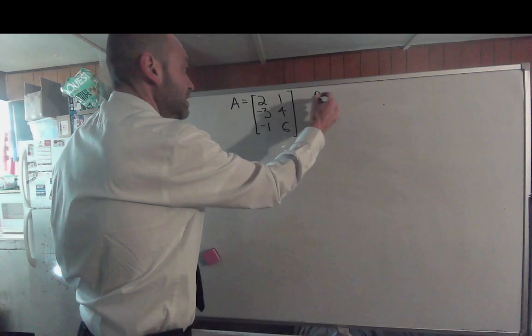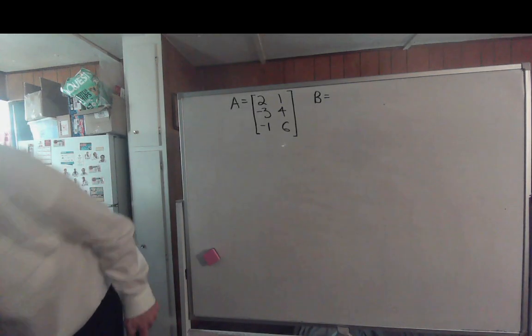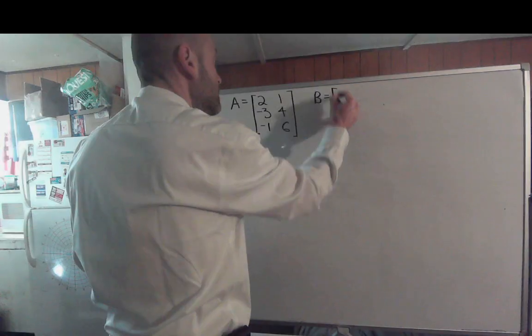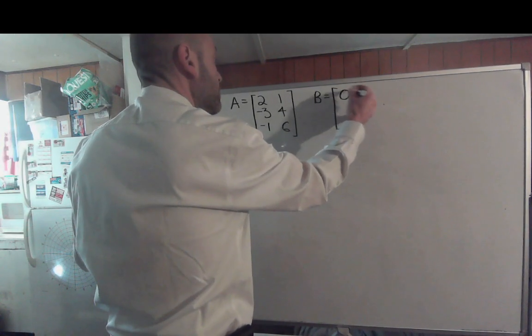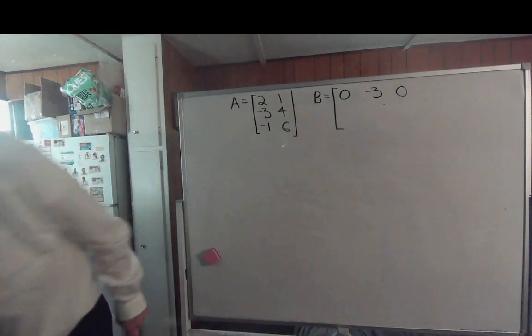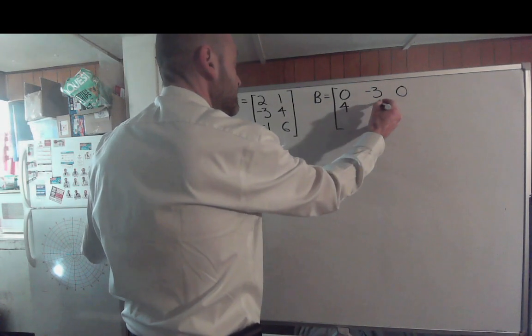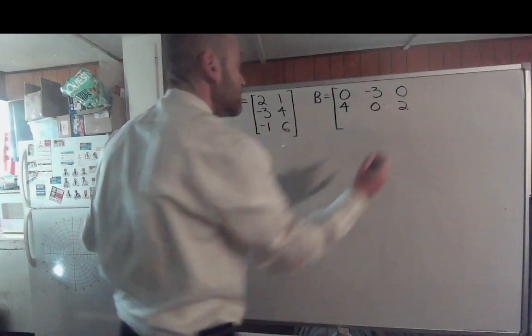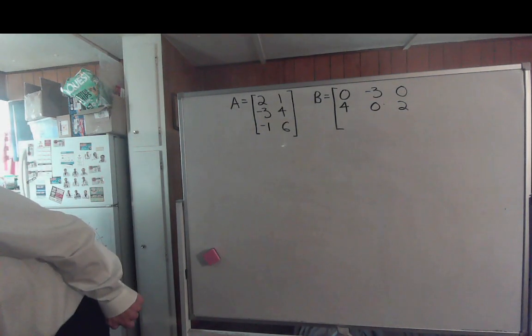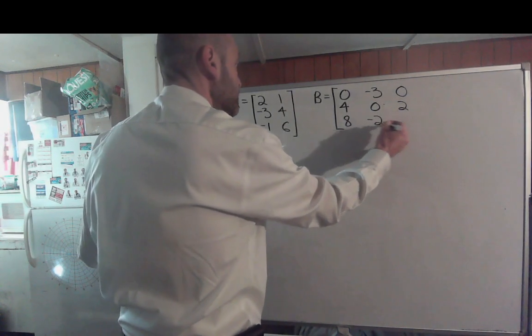Matrix B is going to end up being 0, negative 3, 0, 4, 0, 2, 8, negative 2, 7.